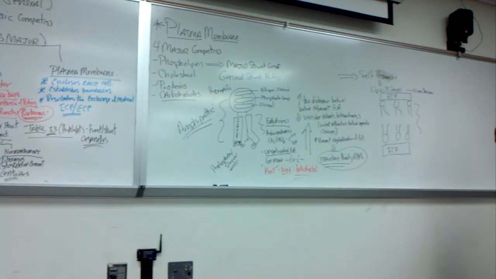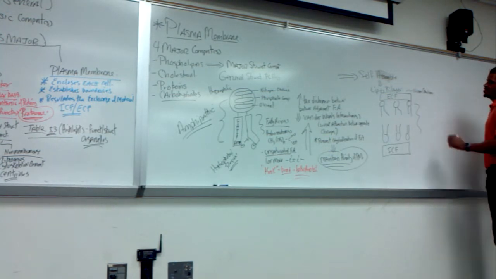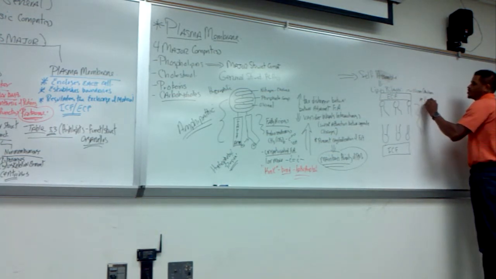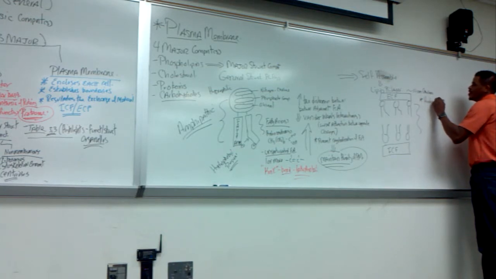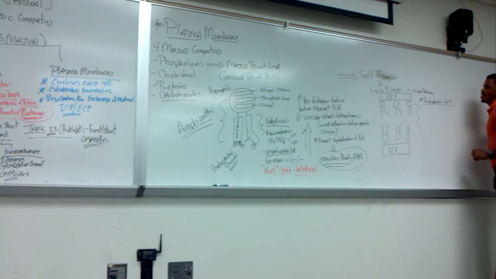Water. And as they sequester themselves away from water, our plasma membrane will be associated with a hydrophobic core, a hydrophobic core made of fatty acid tails associated with the phospholipids.